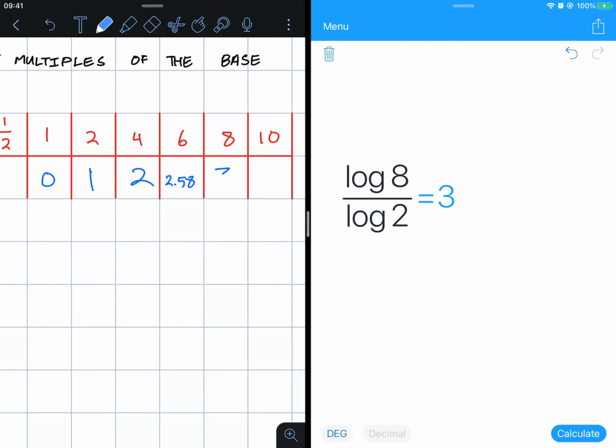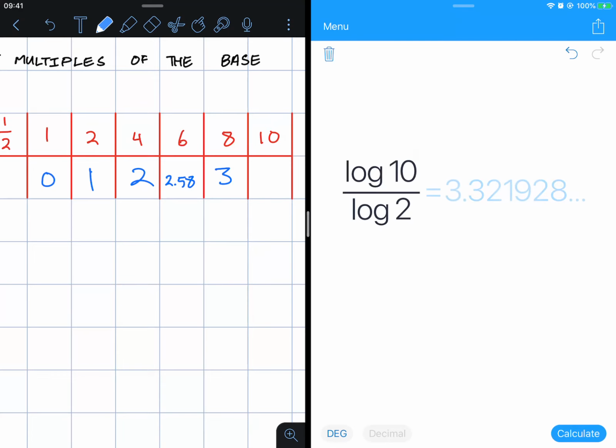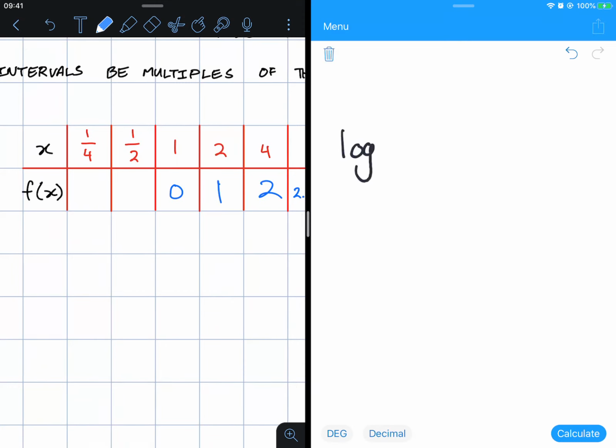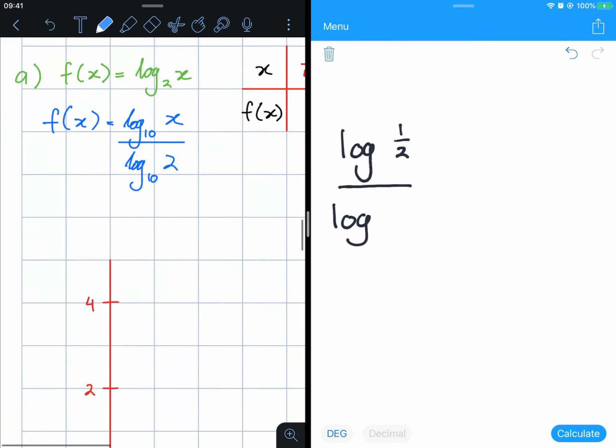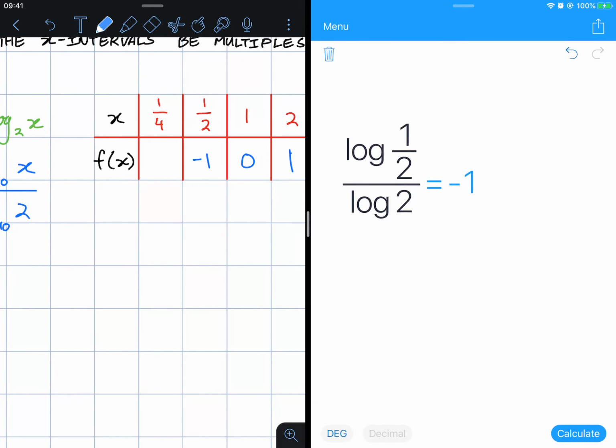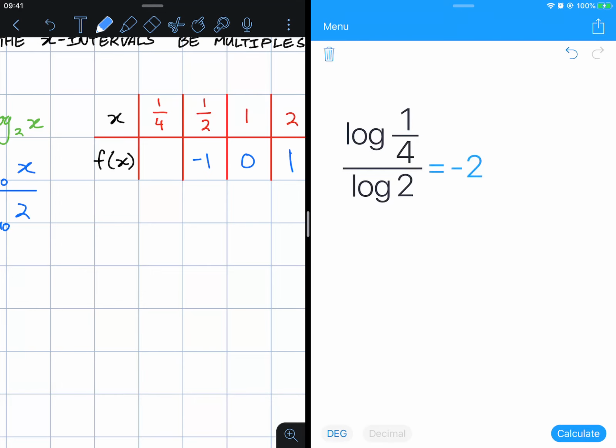That's equal to 3. And 10. 3.32. Let's go downwards towards the fractions. So log of a half over log base 2. That is negative 1. Let's delete this. Put that as a quarter. That's negative 2.